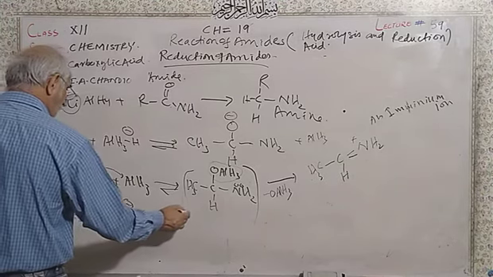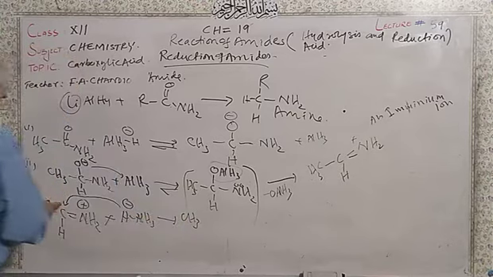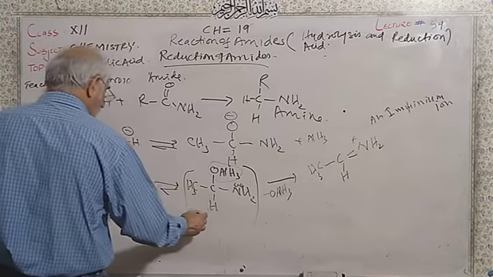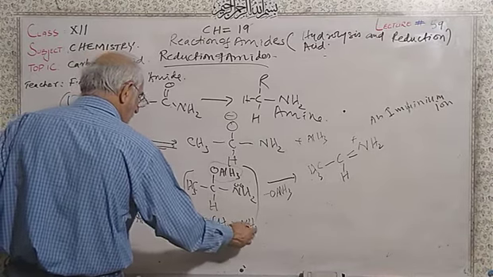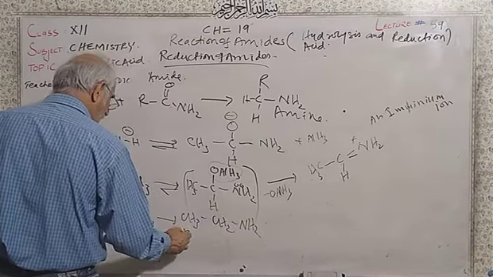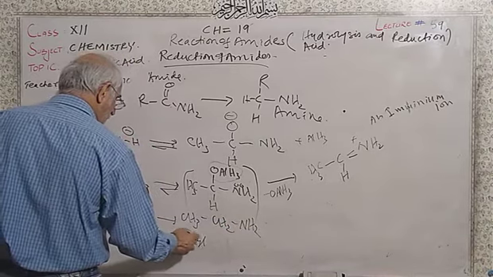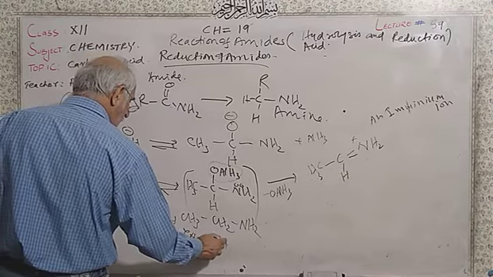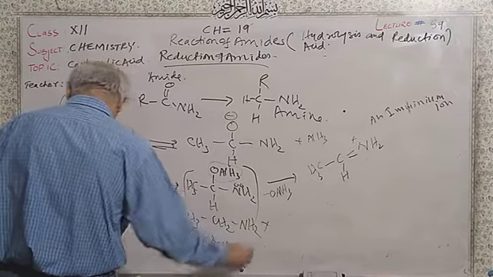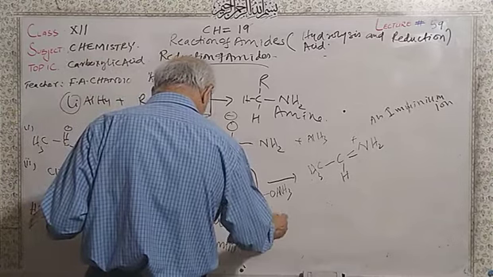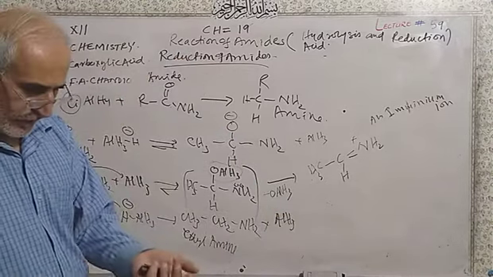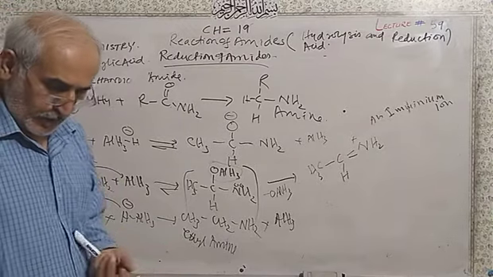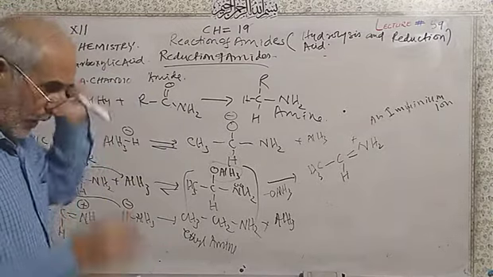So you will get CH3, and this becomes CH2, and there is the amine. So this is the primary amine, ethylamine, which is going to form as it is removed. So this is the reduction of amides.